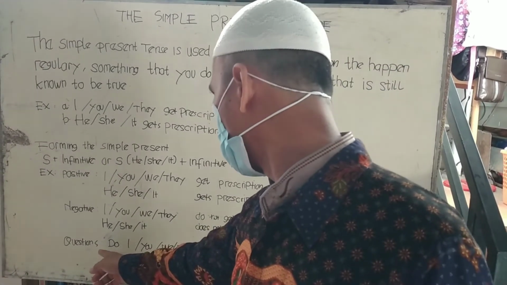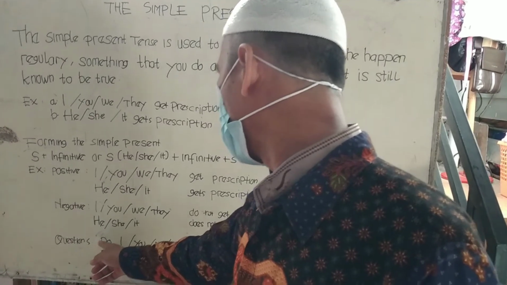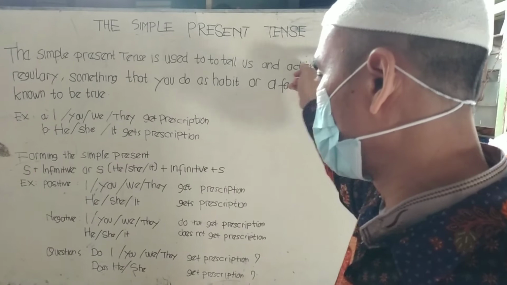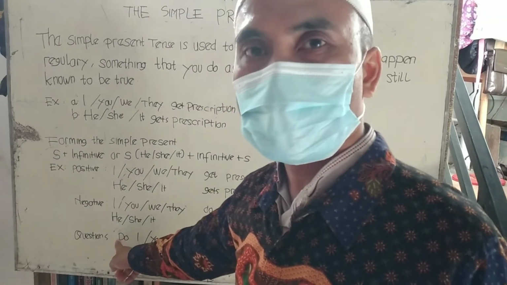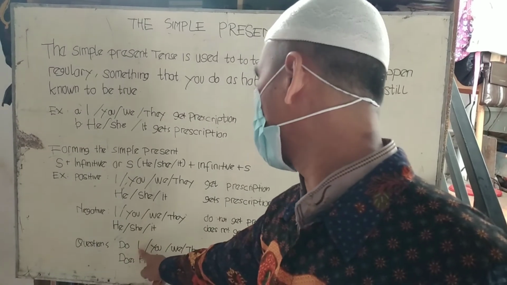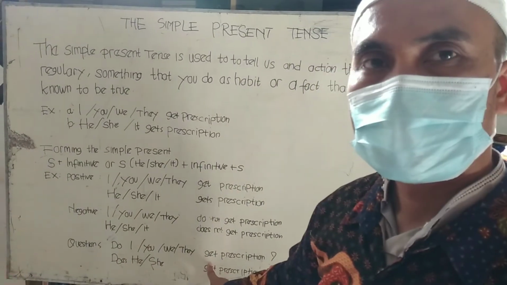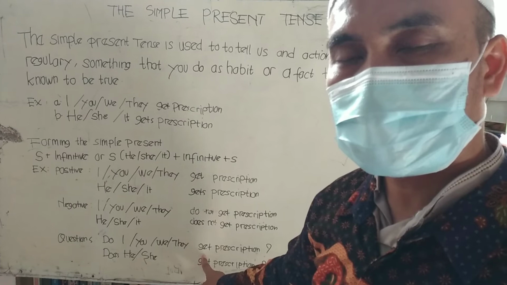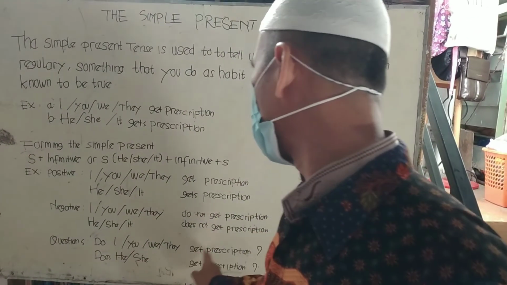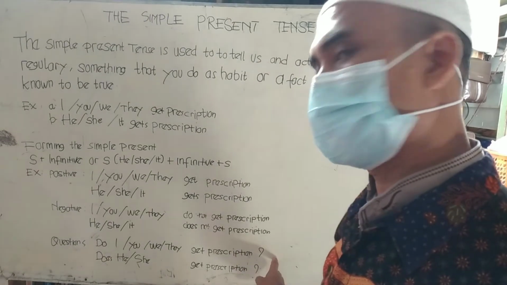Question. If you want to make the question form by using this simple present tense form, you put the auxiliary verb in front of the sentence, followed by the subject and verb. Again, it is the first verb, not the second verb or the third verb. So, do I get prescription, with the question mark?